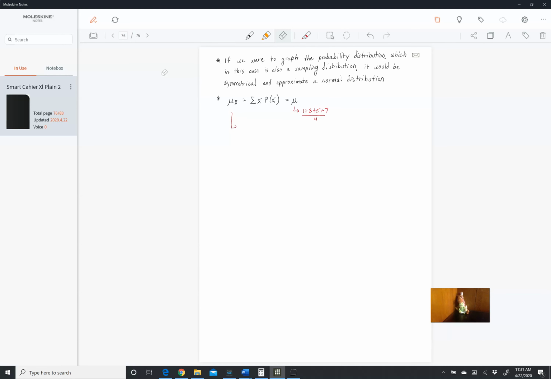The mean of your sampling distributions would be 1 times 0.0625 plus 2 times 0.125 plus 3 times 0.1875 plus 4 times 0.25 plus 5 times 0.1875 plus 6 times 0.125 plus 7 times 0.0625.